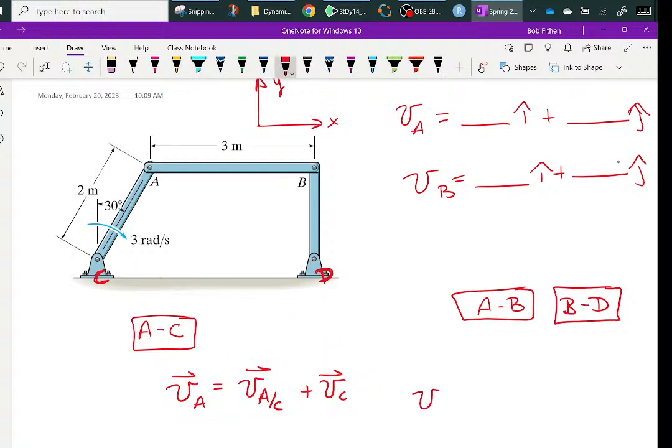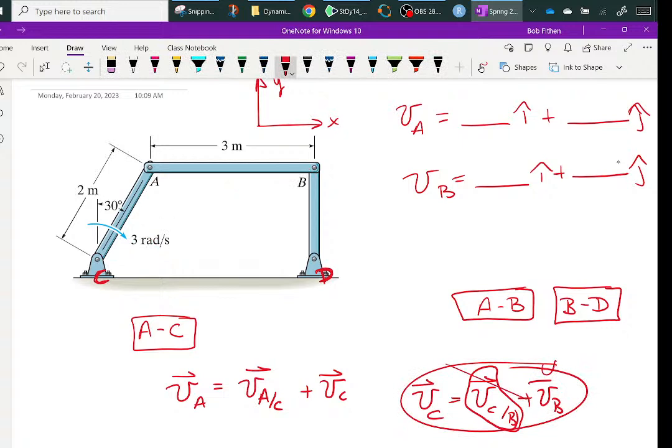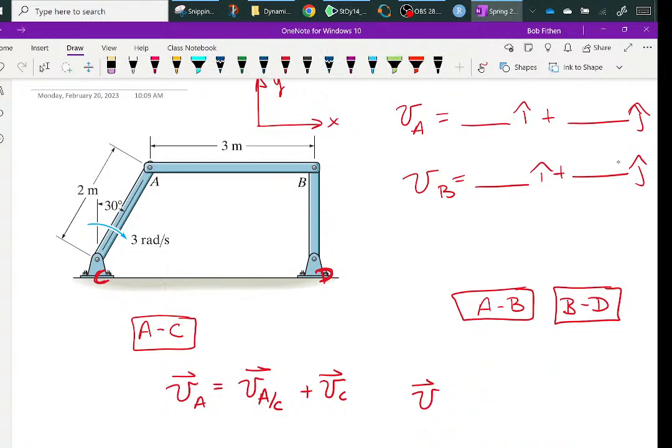I mean, I can write the equation, but I can't do anything with it: velocity of A equals velocity of A relative to B plus velocity of B. A and B, I'm sorry, I should have written C. The distance between C and B changes. It's not constant, so it's not on the same link. So this is useless. The equation's there, but it's not going to do you any good. The best thing to do is to identify the links and work your way through those.